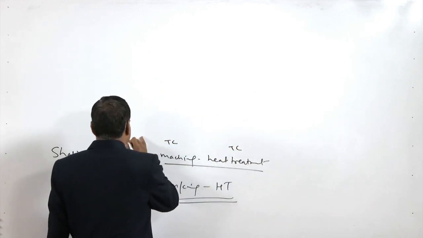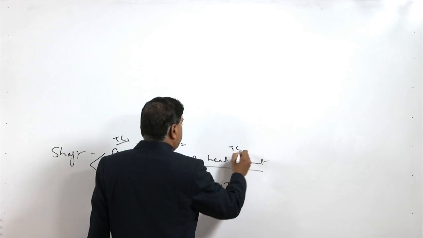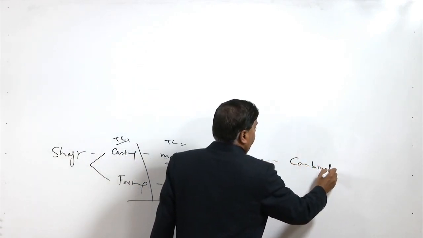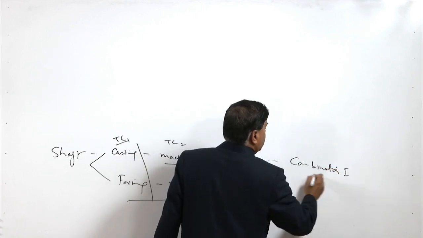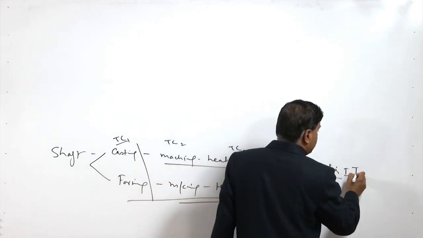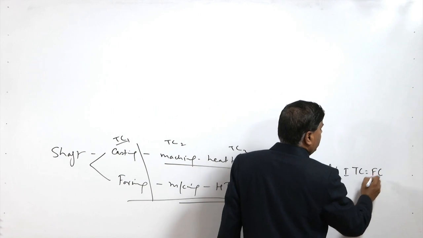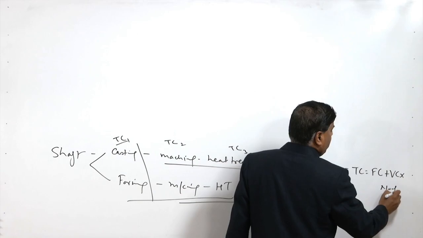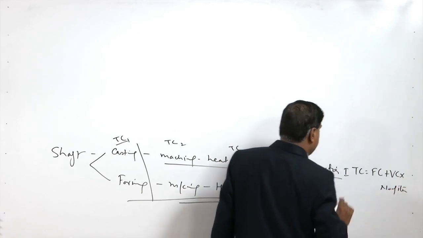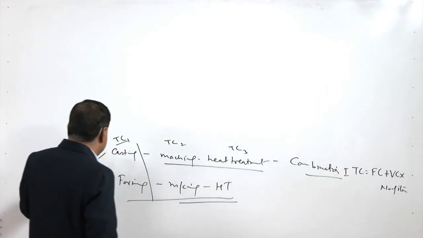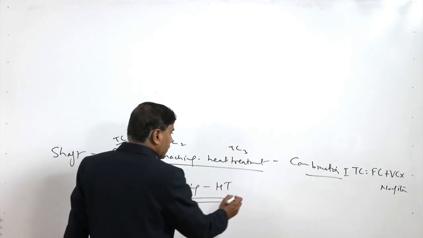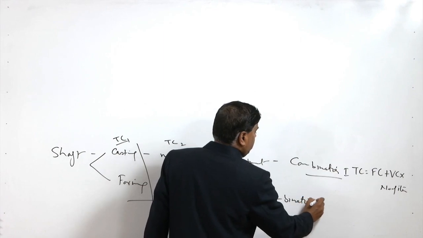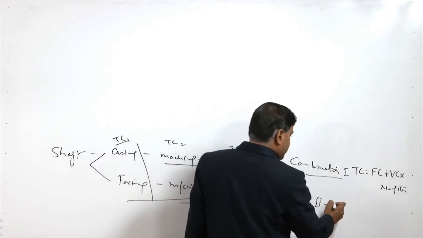So, this TC1, TC2 and TC3 for option or combination 1 is identified. And how is TC obtained? It is obtained from the fixed cost plus variable cost into the number of items to be made. This is the simple thing. So, similarly, the total cost for combination 2 is identified in the same way.